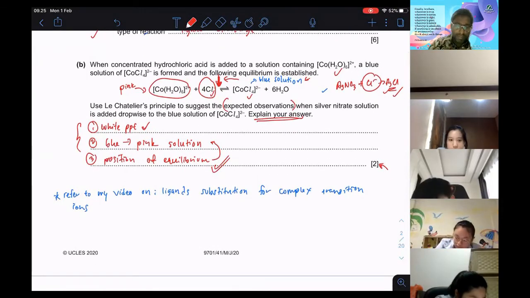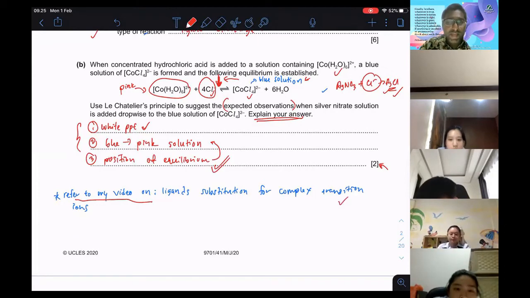Now for this one, because we are discussing cobalt ions, I still want you to go and refer to my video on ligand substitution for complex transition ions. This is the exact title. Maybe later, if I upload this video, I will put it in the description, or I will send it in the WhatsApp group as well.